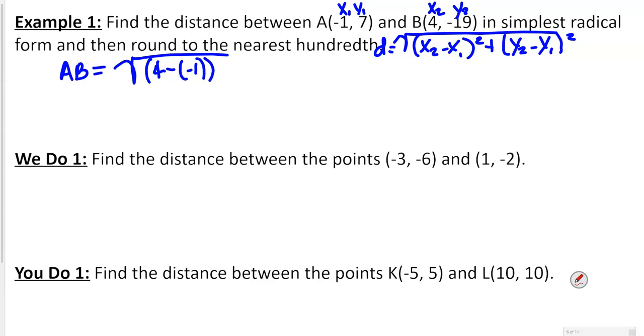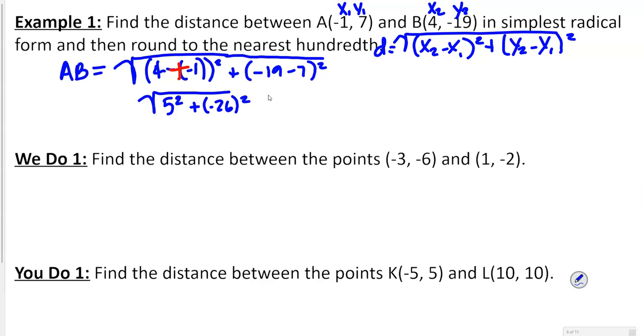Going to go ahead right now and make that a plus. Remember, we're squaring this. Squared plus, I'm going to make this longer. Then we got our y2, which is negative 19, y1 minus 7, right, squared. So that's going to be 4 plus 1. That's 5 squared, right? And then we got negative 19 plus negative 7 is negative 26, isn't it? It is. So this is plus a negative 26 squared.